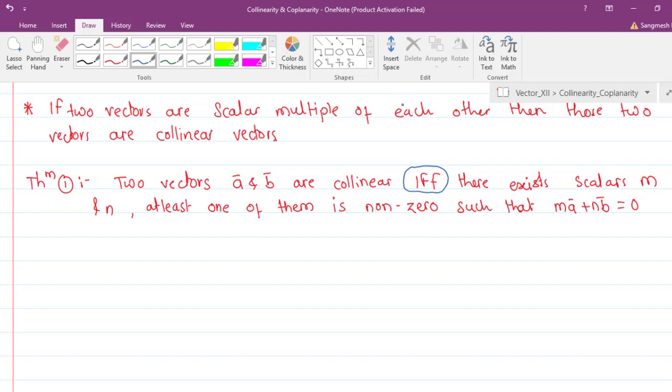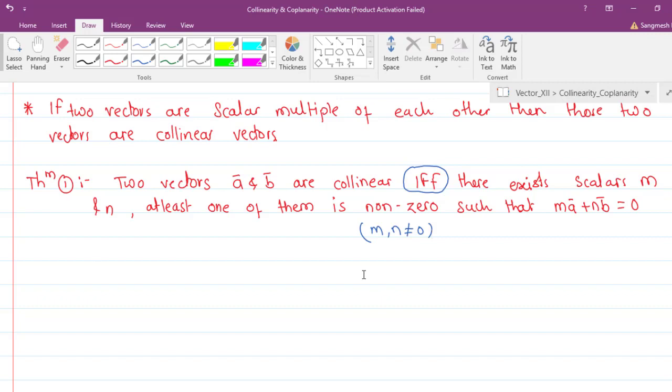If we have that case, then the two vectors are not collinear. At least one of them is non-zero means either m or n, one of the two must be non-zero. So let's see this collinear vectors.